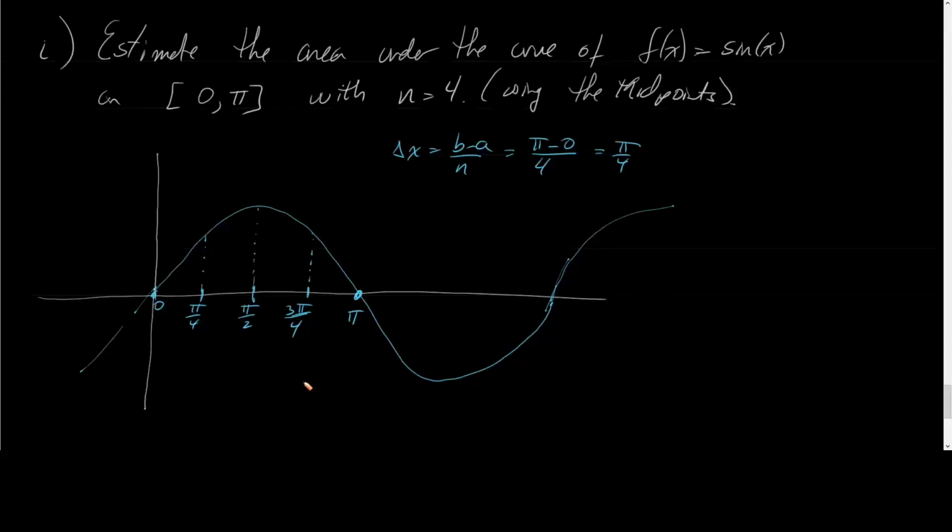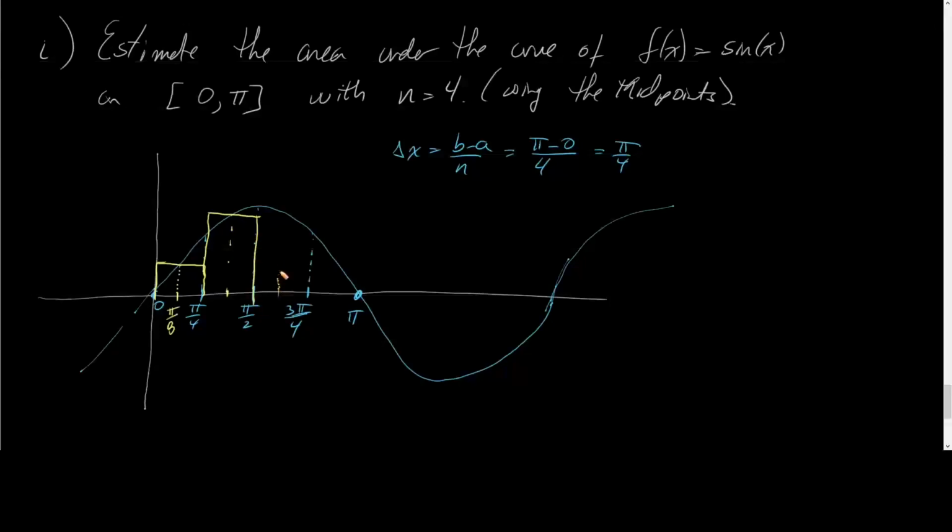But now, let's do the midpoints, because we're trying to do the midpoints. In here, this is the midpoint, pi over 8, between 0 and pi over 4. And the rectangle that we're going to be looking at is this rectangle. In the next interval, the rectangle based off the midpoint would be this rectangle.